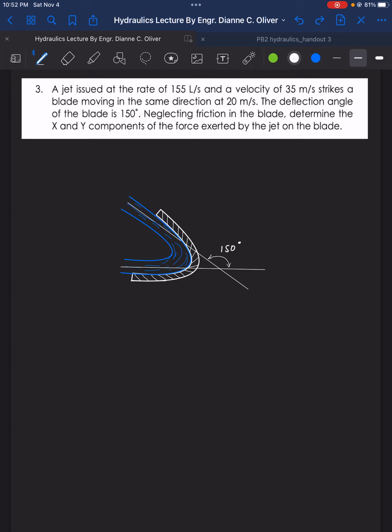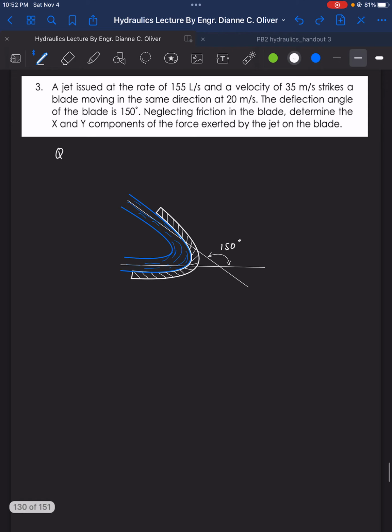So a jet is issued at the rate of 155 liter per second. So that is Q. Q is equal to 155 liter per second, and that is 0.155 cubic meter per second.